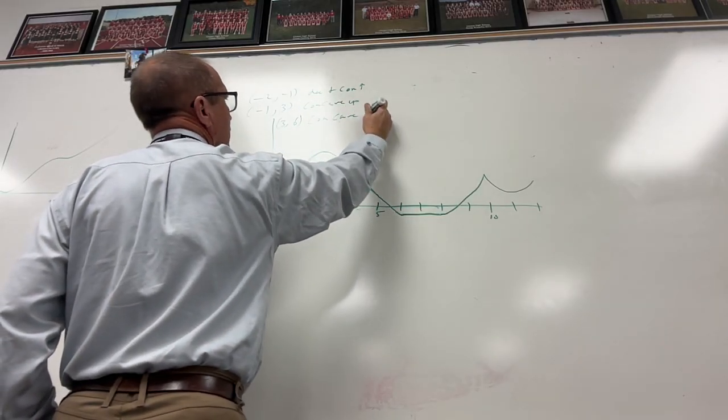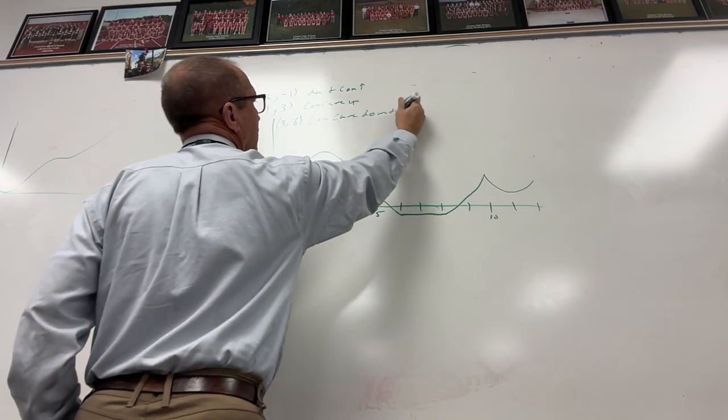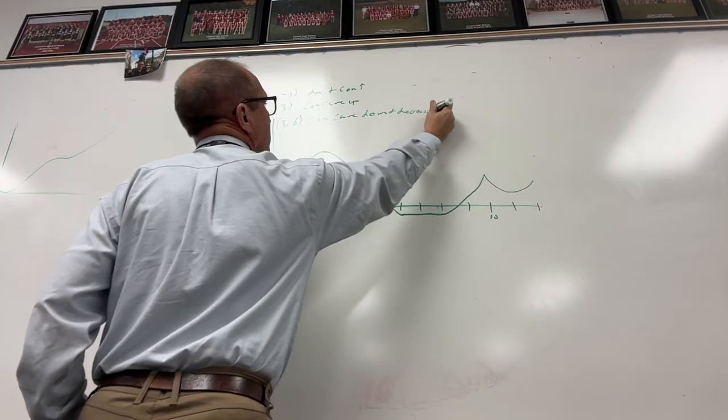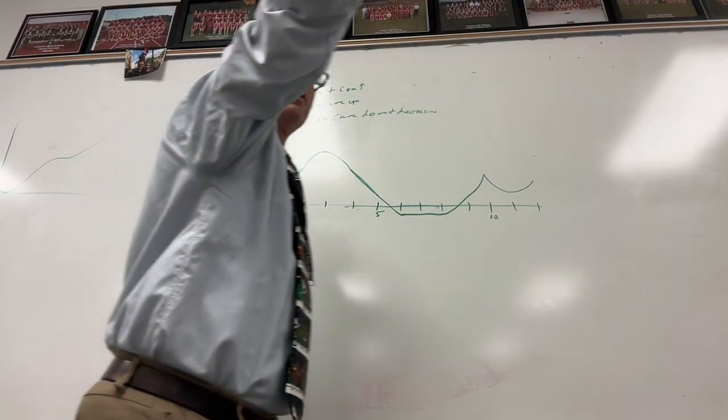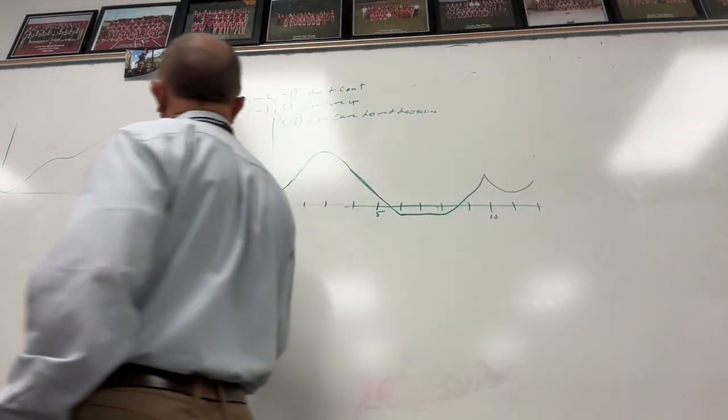Hold up. Down and decreasing. I'm going to cut you off for just a second. You were saying you thought it was 3 to 8, not concave. Okay, from 3 to 8, you're saying not concave.